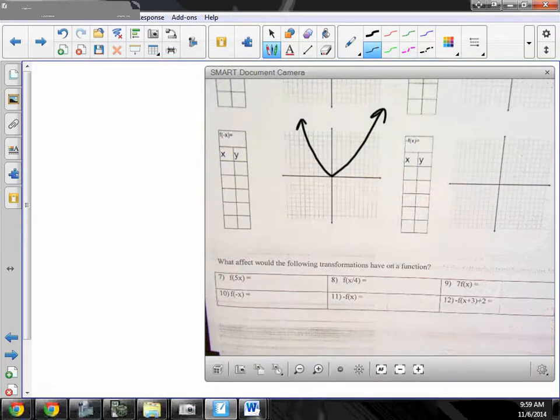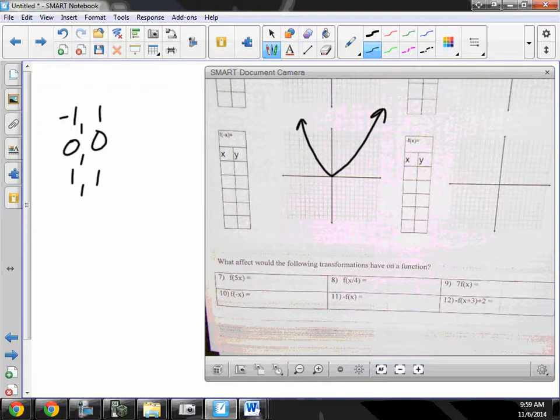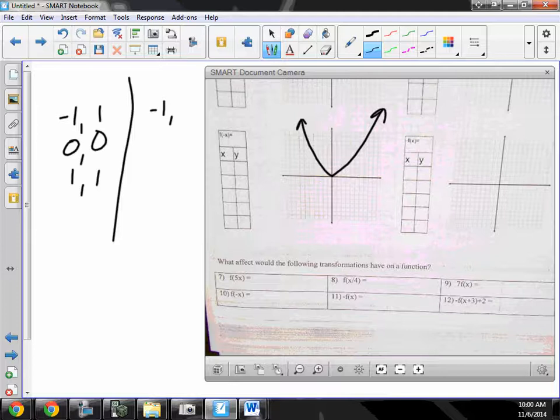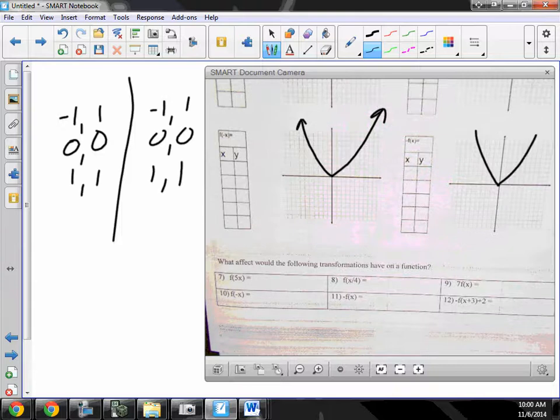If my original was negative 1, 1, 0, 0, and 1, 1, what does the transformed one look like? Nothing happened. Okay. What about negative f of x? Here's my original quadratic. What did the negative f of x do?